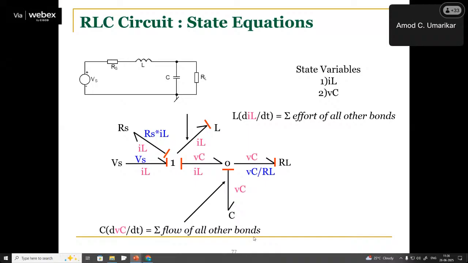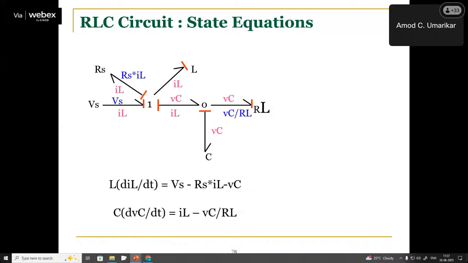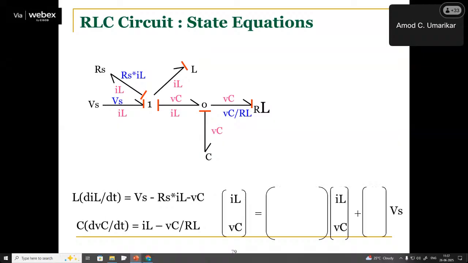Correct? Now everything is obtained. So L dIL by dt is Vs minus IRS, IL minus VC, and C dVC by dt is IL minus VC by RL. So we can easily obtain the state equations.